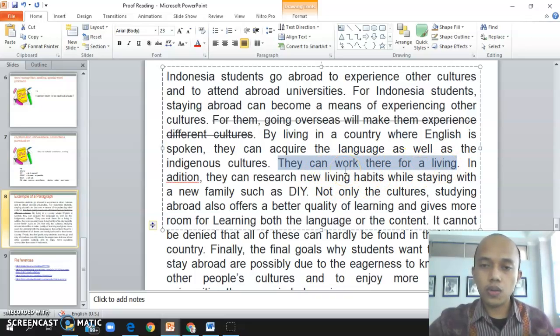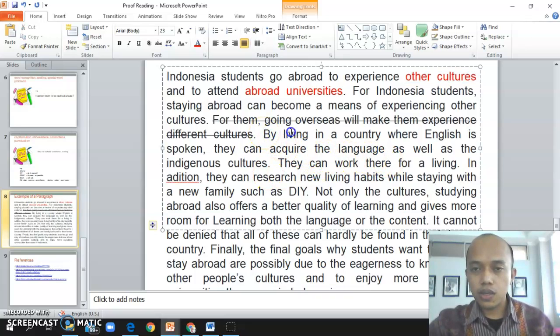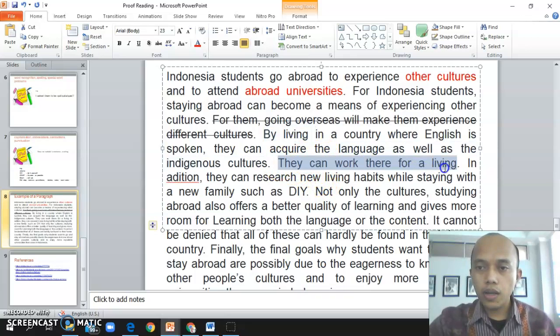This sentence discusses getting a certain job abroad. But if we refer back to the topic sentence, "Indonesia students go abroad to experience other cultures and to attend abroad universities," since the topic sentence talks about other cultures and the experience of studying in abroad universities, then why should the writer put a single sentence here saying that they can work there for a living?